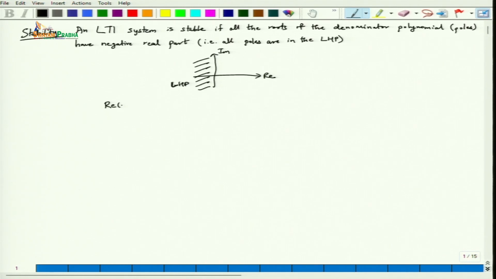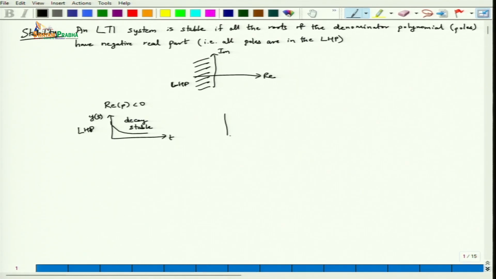The real part being less than 0 implies that the response, if you see, will be something of this form. So this is, say, y of t, that is the output versus time, and here you see that it's decaying, so it represents stability. Now this is the scenario in the LHP.